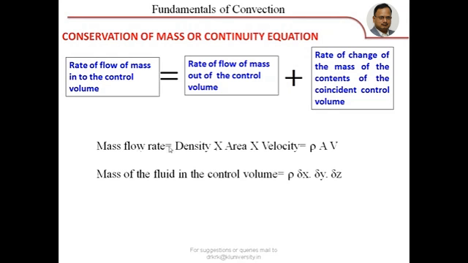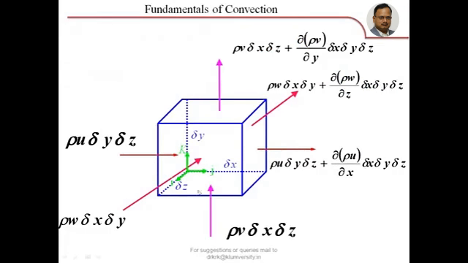And mass flow rate into the control volume is given by the formula rho AV, where rho is density, A is the area, and V is the velocity. And mass of the fluid in the control volume is equal to density rho into volume of that control volume we have considered.